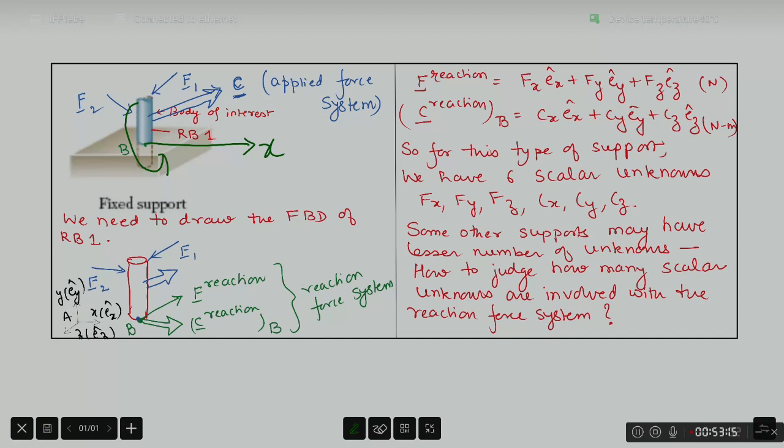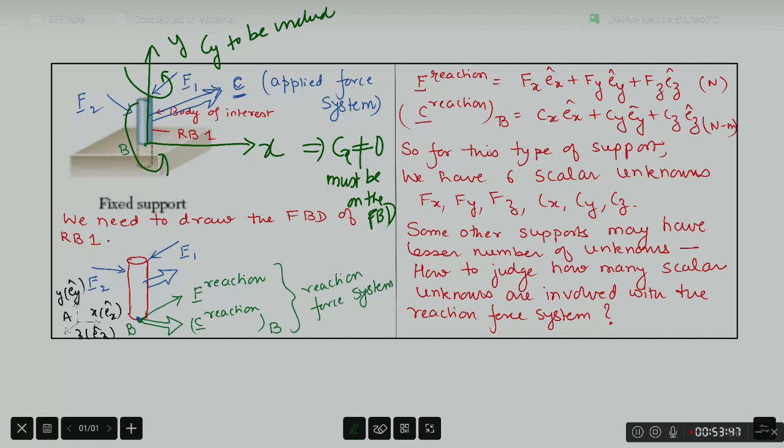Then you ask, if I try to rotate the RB about y-axis, will your support try to resist? He will say yes. You will say Cy to be included on FBD. And similarly, if I try to rotate the RB about z-axis, will your support resist? He will say yes, because this is what a fixed support is. And then Cz must be on the FBD.